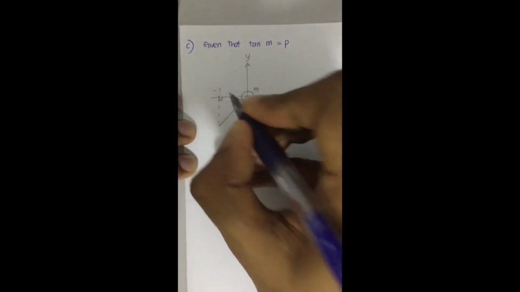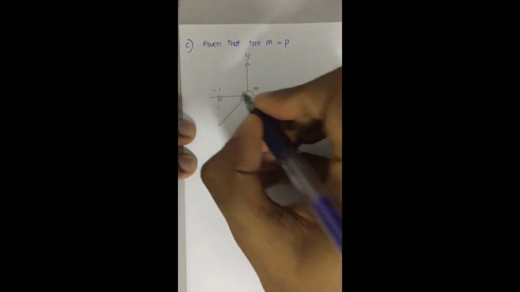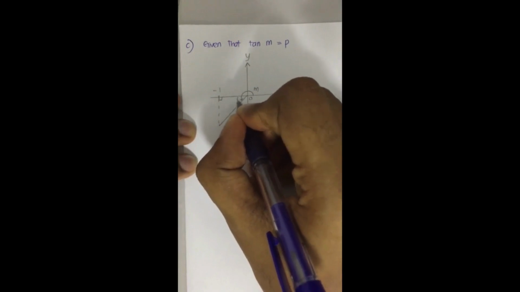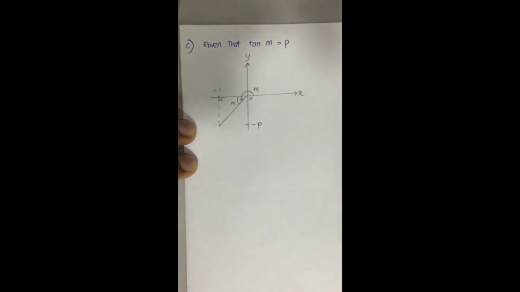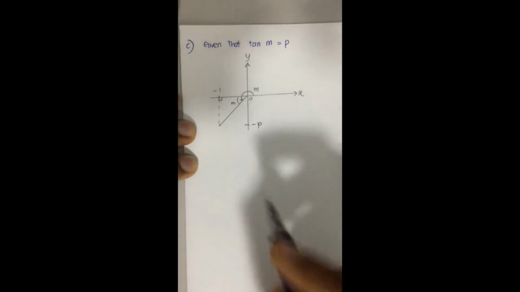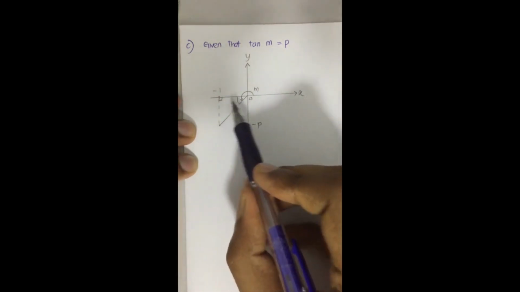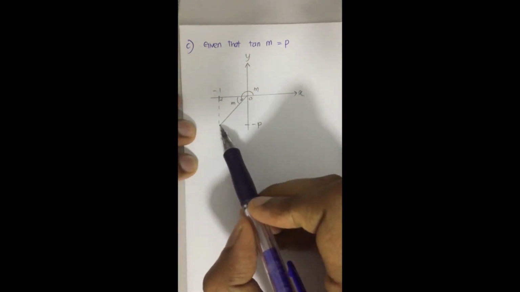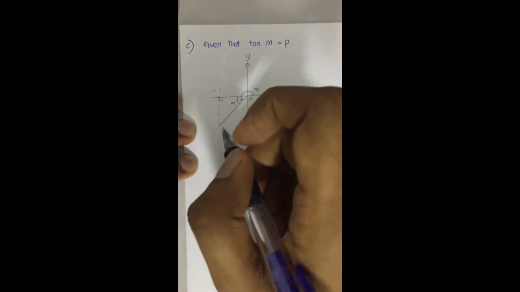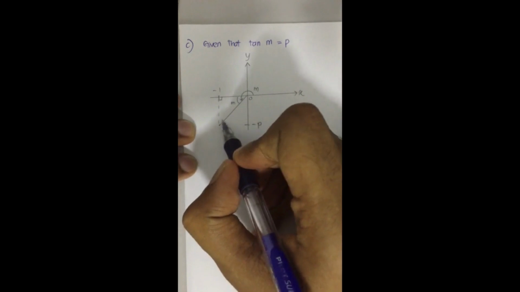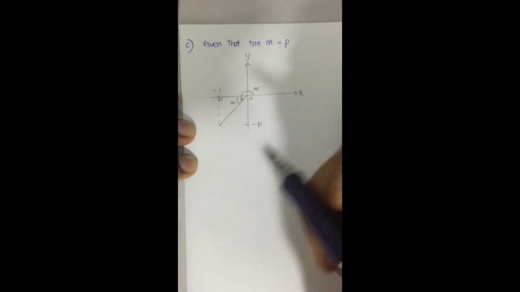So this small angle we write as M as well, for better understanding. From here the vertical distance is negative P, and the horizontal distance is negative 1. The next step is to find the hypotenuse. How are you going to find the hypotenuse? Very simple, guys.